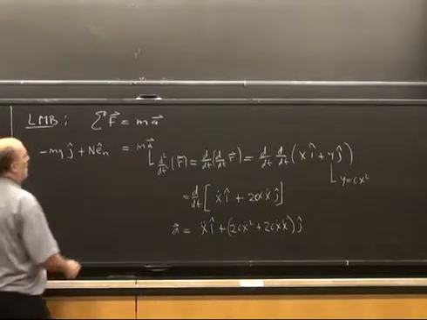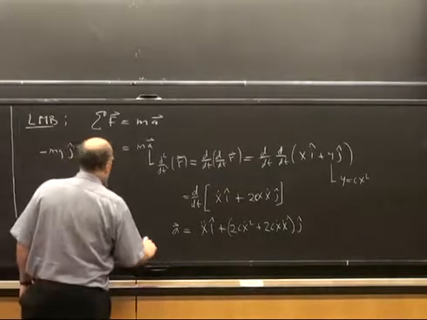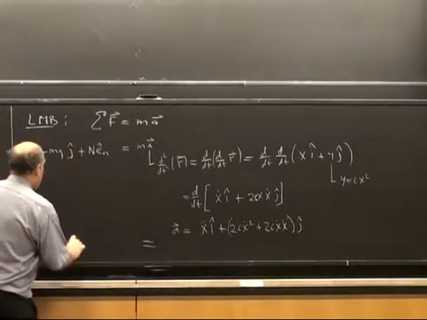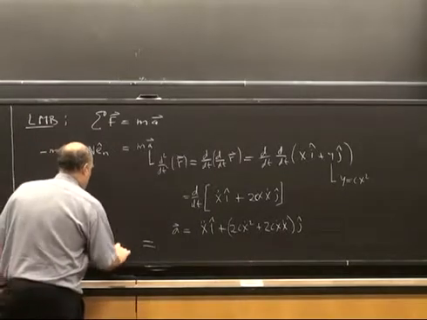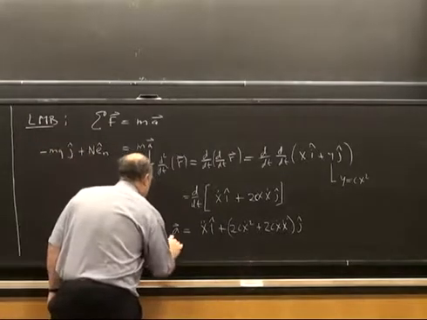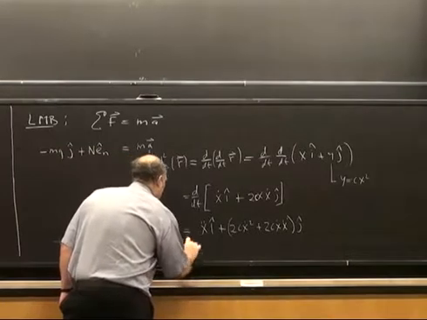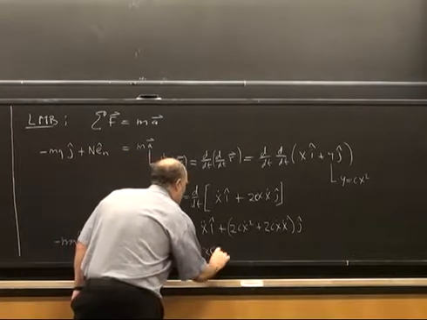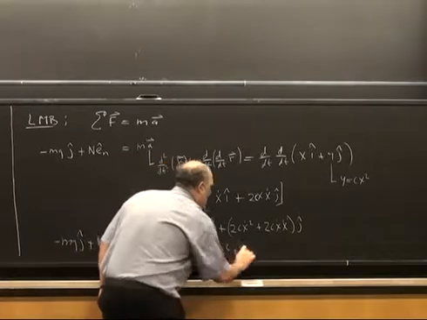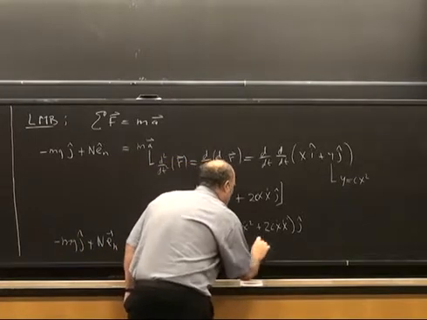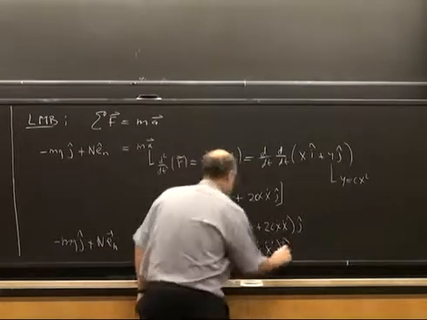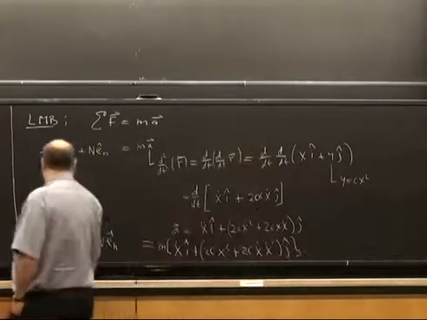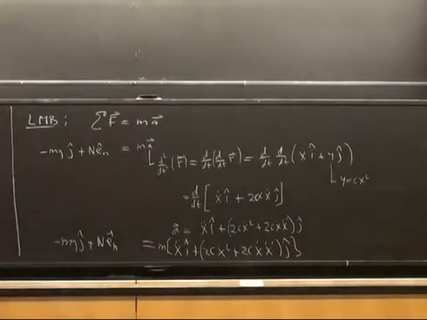Now if we take this whole expression, which says that minus mg j plus n e_n is equal to m x double dot i plus 2c x dot squared plus 2c x dot x double dot j, and we look at it, how many equations do we have and how many unknowns?